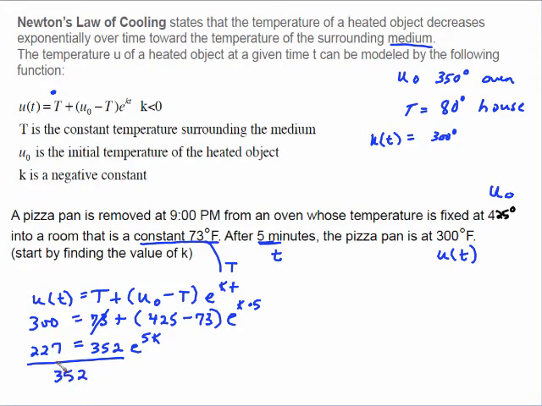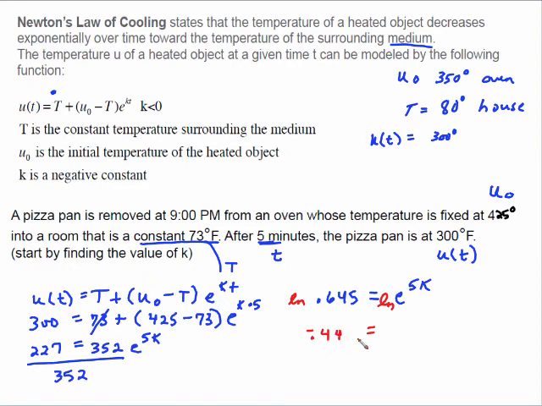Now 227 divided by 352 is approximately 0.645. Keep the whole string of digits on your calculator, and this is e to the 5k. To undo the exponential, take the natural log of both sides, and I can do natural log of 0.645, all of those digits, by doing natural log of second answer, which is what brings up the 0.645, and this is approximately negative 0.44.